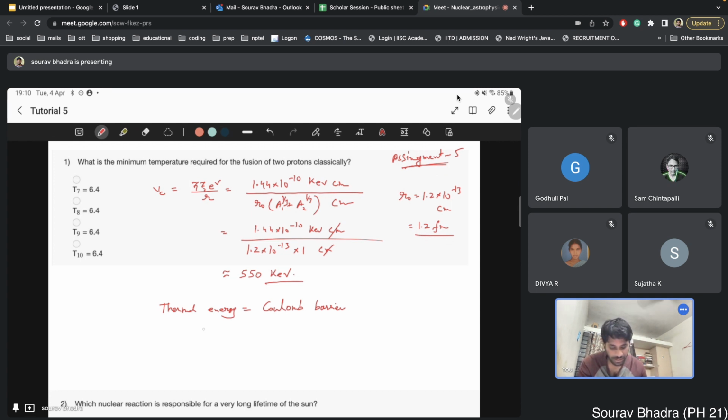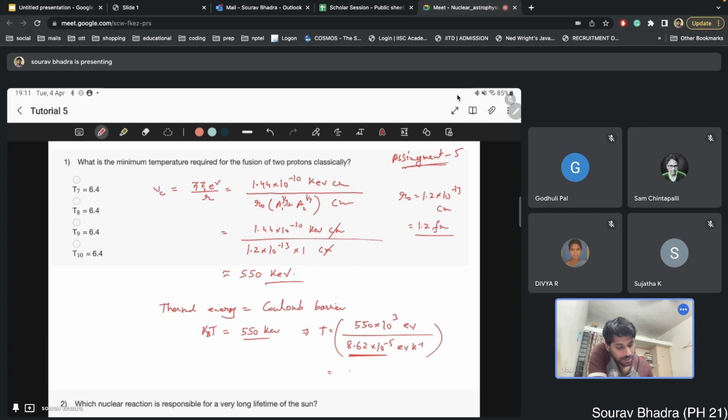So kT, k is the Boltzmann constant, equals 550 keV. Putting that in proper unit, in electron volts, 550 keV means 550 times 10 to the power 3 eV, and k is 8.62 times 10 to the power minus 5 eV per kelvin. Please try to remember it.